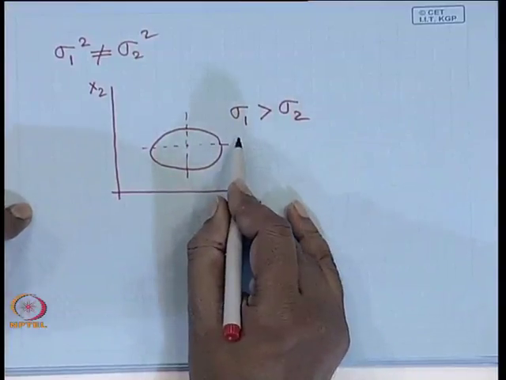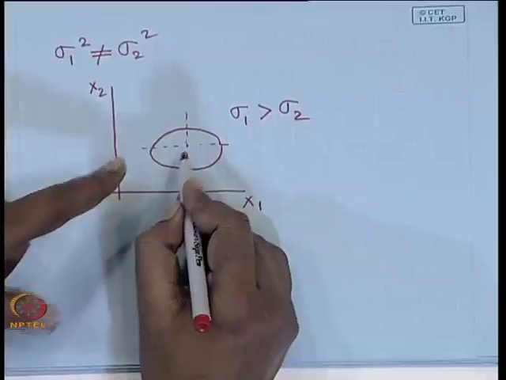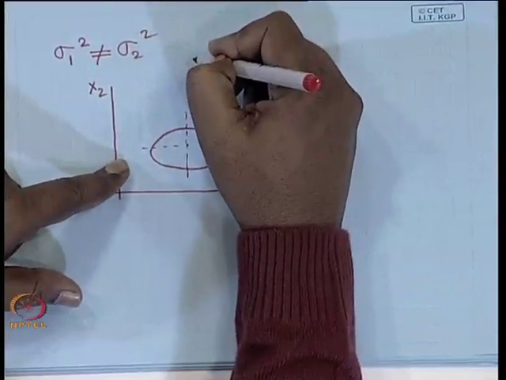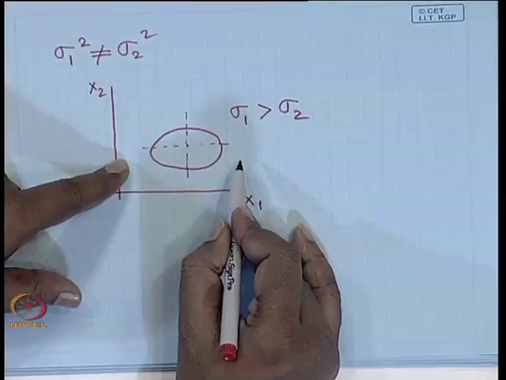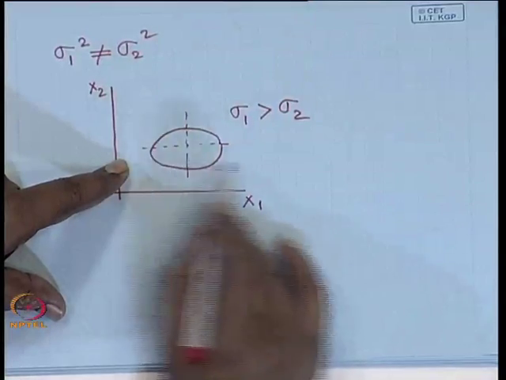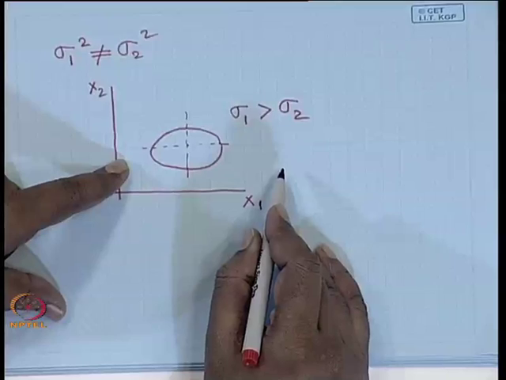If sigma 2 becomes greater than sigma 1, that is the spread of points along x 2 axis is more than the spread of points along x 1 axis, then I will have the major axis along x 2 direction and the minor axis along x 1 direction.